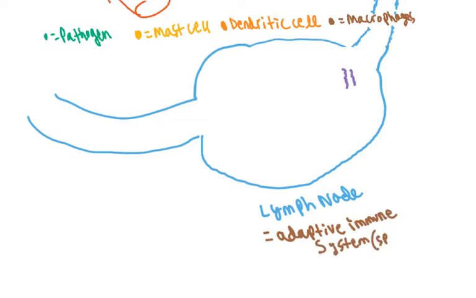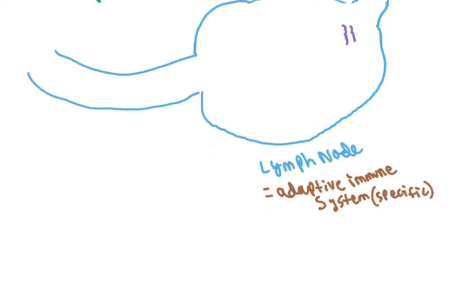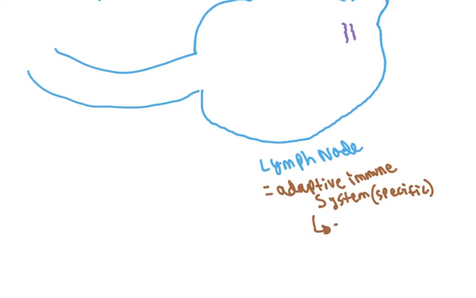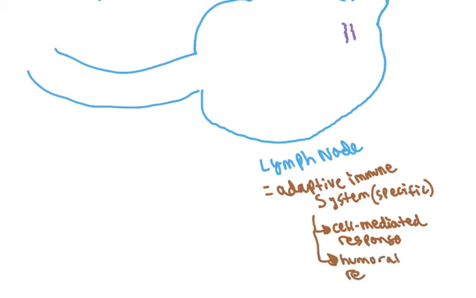Most of our specific and adaptive immune system, involving our cell-mediated response, so involving our T lymphocytes, and involving our humoral response, involving our B lymphocytes.